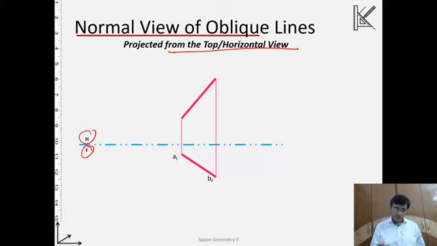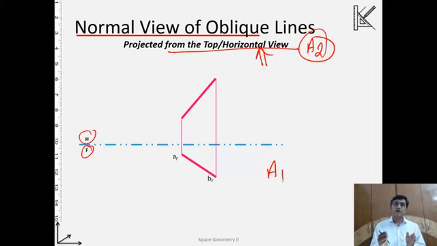Using this horizontal and frontal, we have to generate the true length, or the projection of the line on the auxiliary plane versus the normal view, as well as we have to generate the point view. Let's start. In this case we are making use of the horizontal view, which is A2, and so in this case the frontal will become A1.